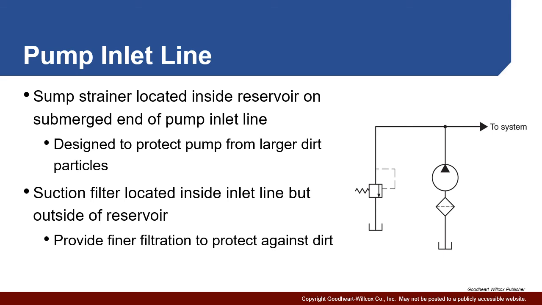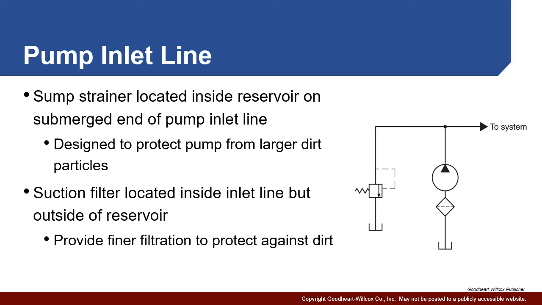This could be any type of large metal wear, say a metal file or something like that. That all can potentially get into our system. We want to make sure that stays in the reservoir. Hopefully the idea is it stays in the reservoir and eventually drops to the bottom and we can clean it out. We can also put a suction filter in there.